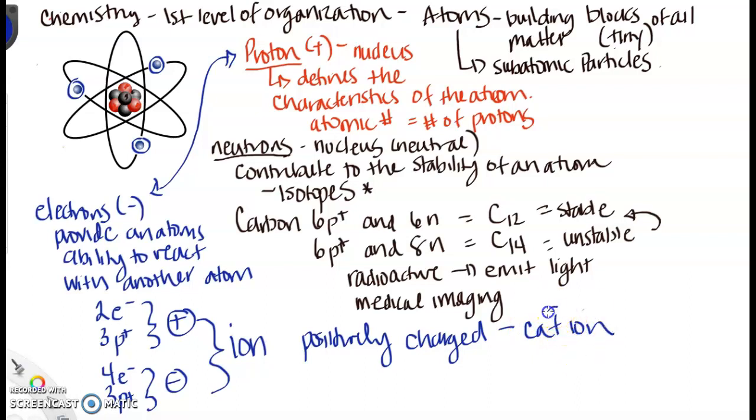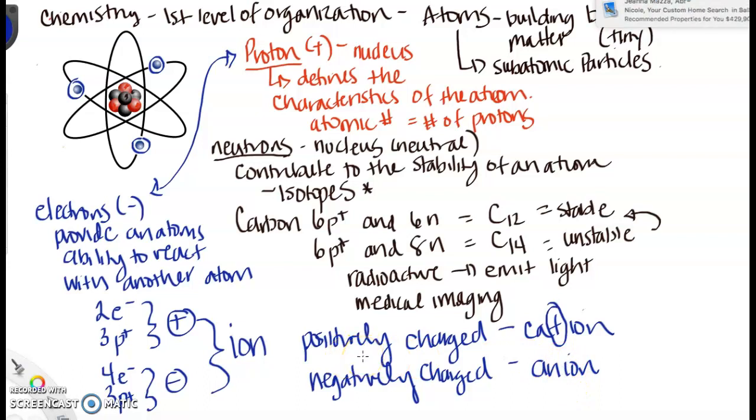So CAT, that looks like a positive, so cation. A negatively charged ion is called an anion. Okay, so the next video we're going to talk about this and talk about how these atoms react with one another.